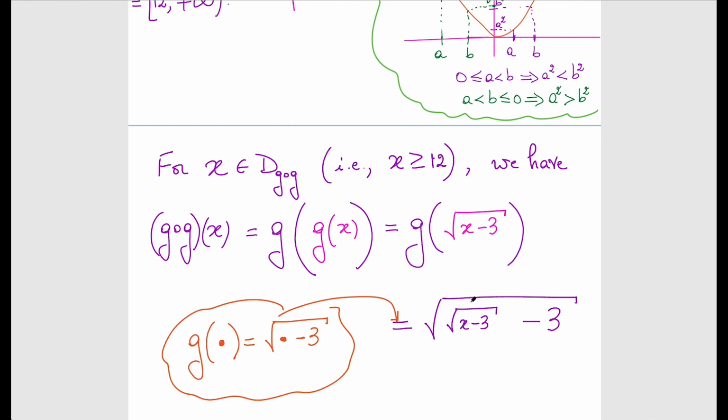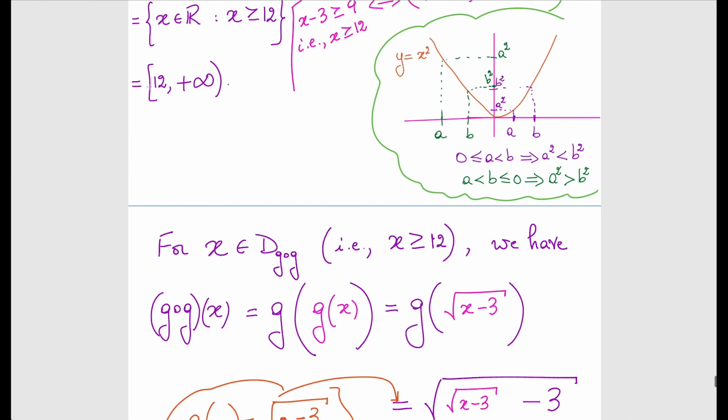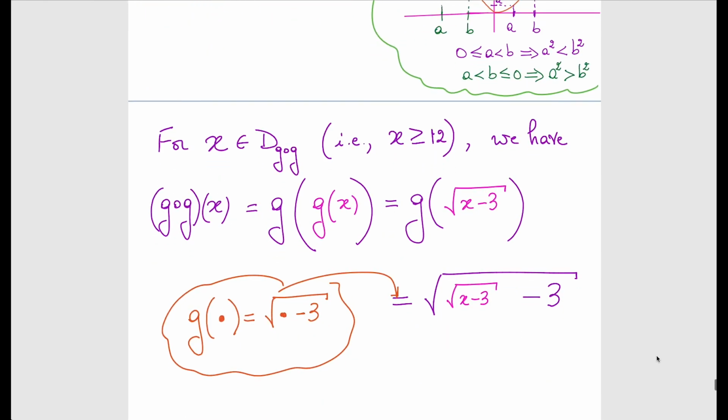That's my star. That's my pink guy. And this would be the final recipe of the output if you input x and g compose with g. Okay? And what's the domain of this function? I mean, it's very ugly, but it is what it is. And the domain of this function is the collection of all real numbers that are from 12 all the way to infinity. All right? So this finishes the lecture video on this section, which was about algebra of functions and function composition.